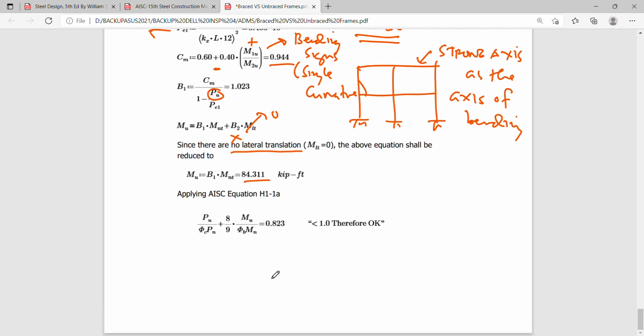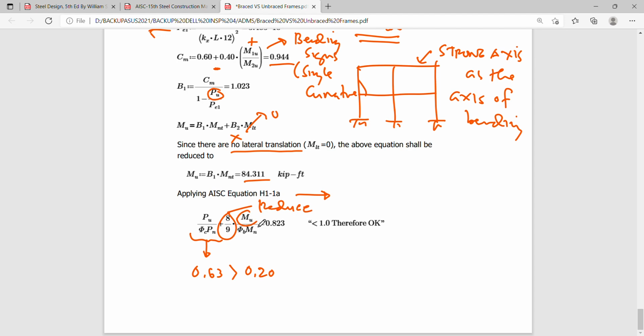Applying the AISC equation H1-1a, or the formula I gave you on my first lecture, wherein if this is your value of P over PC, PN of 0.633 is greater than 0.20, then I have to reduce the value of the bending moment, MU amplified.